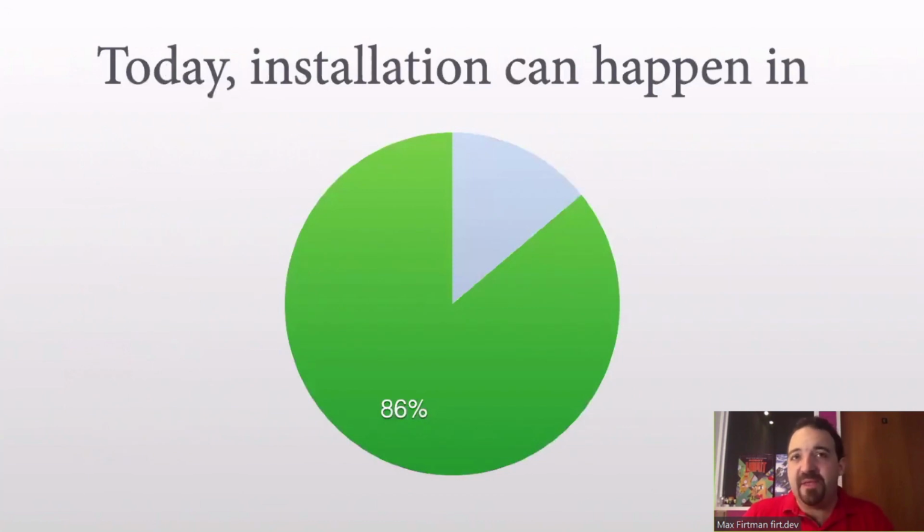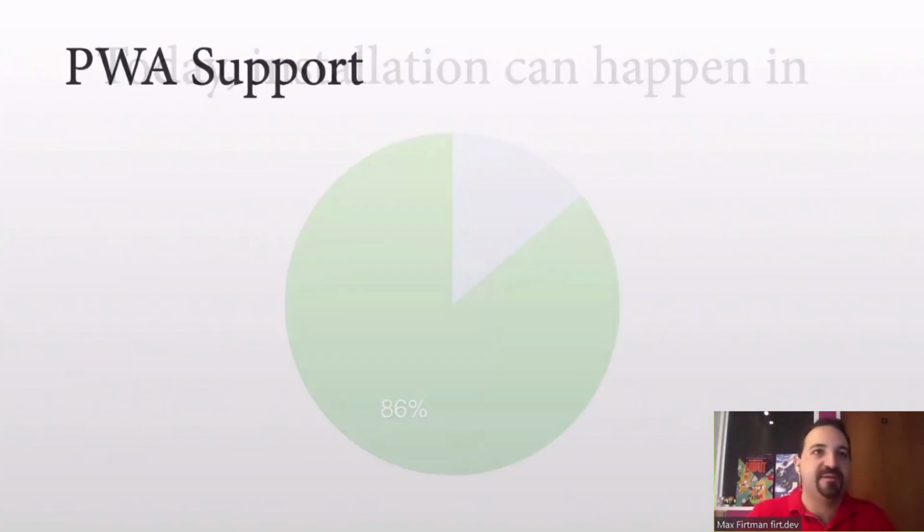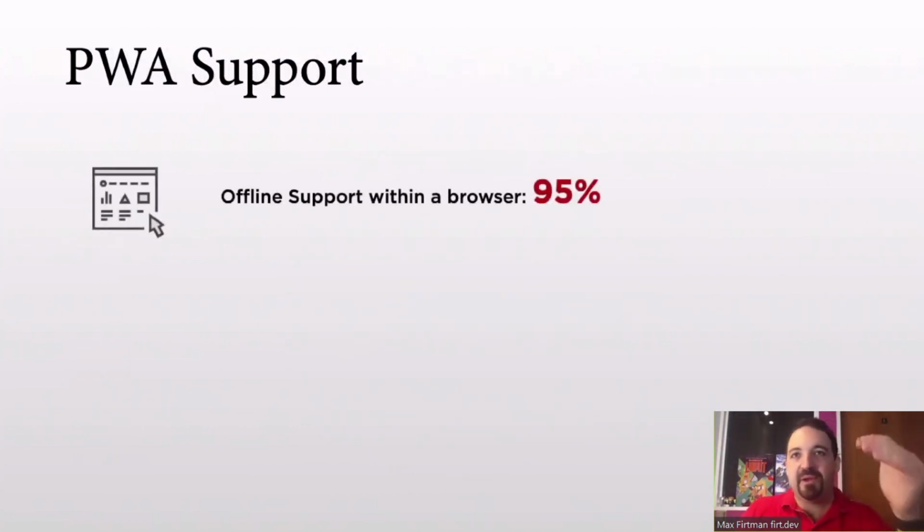And today, installation can happen for 86% of the users browsing the web. So you have a website, and 86% of your visitors can actually install a PWA, which is a good number, to be honest. The number is even bigger when we take only the offline support, that means service workers.